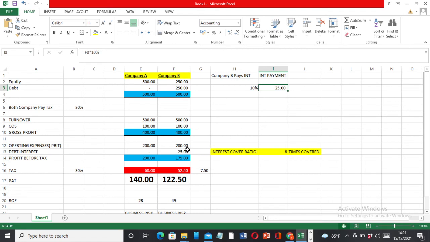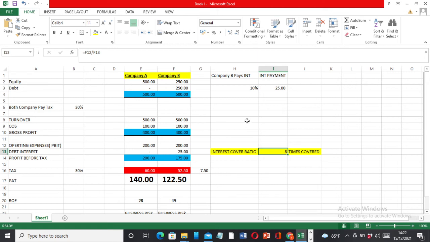So with this profit, the company has the power to pay the interest 8 times, which is very good. The interest coverage is really good. Let's look even deeper, right?